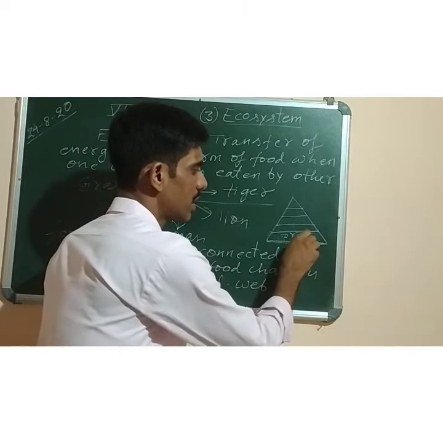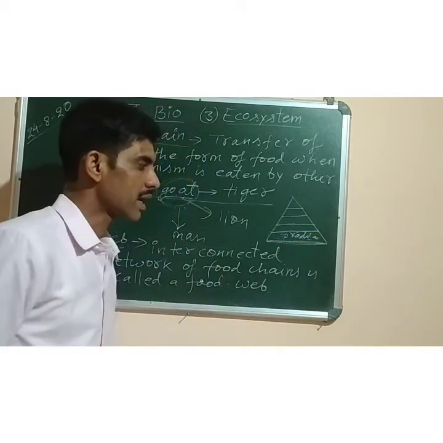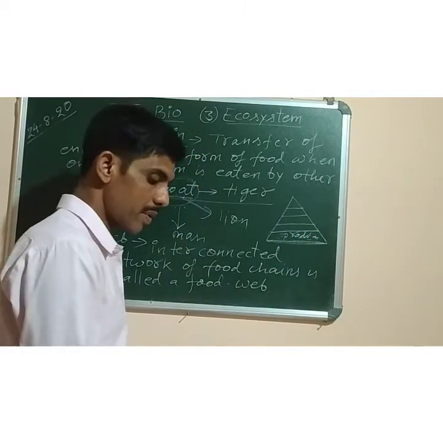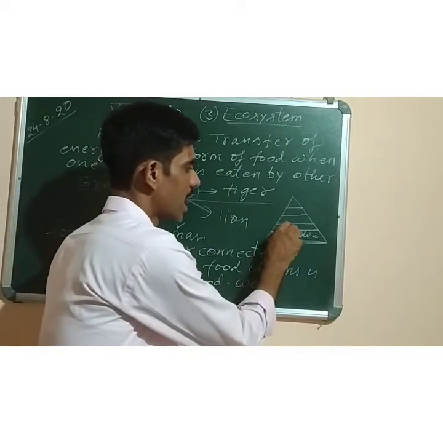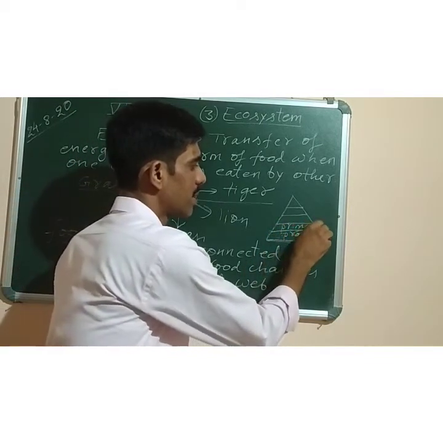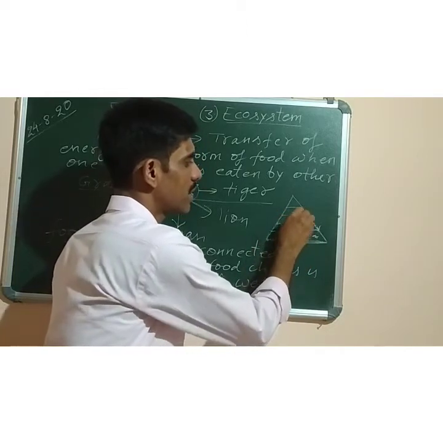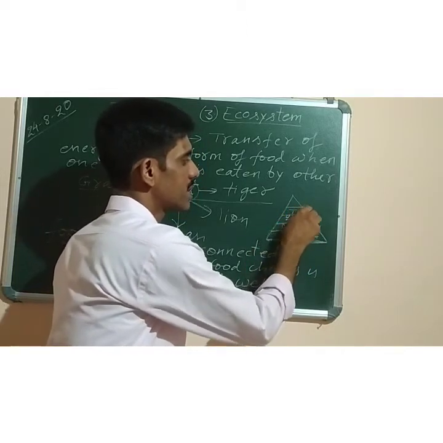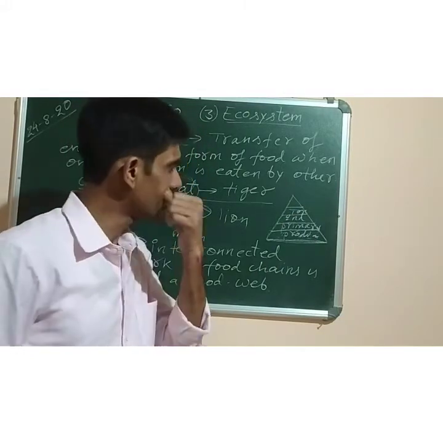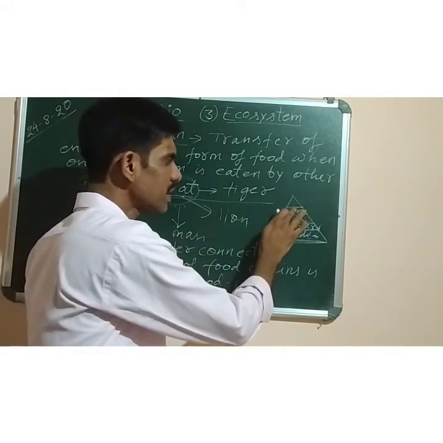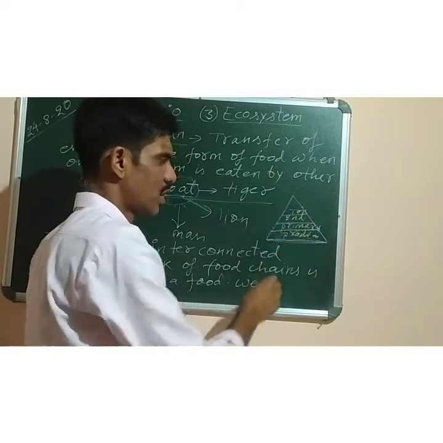That is all the green plants. Then the producers are eaten by herbivores. So we write the primary consumers, that is herbivores, then we have secondary consumers, then we have tertiary consumers, then at last we have the top consumers. This one is the last one, tertiary consumers or the top consumers.